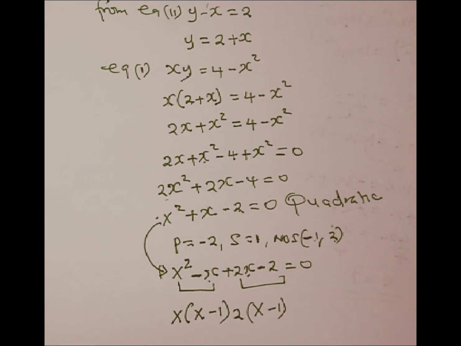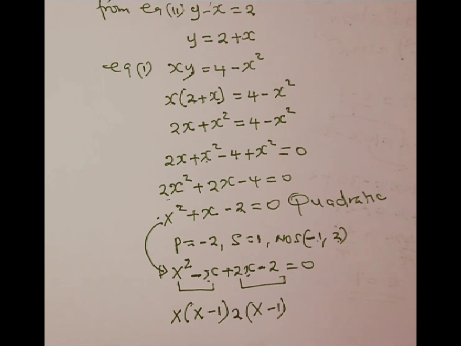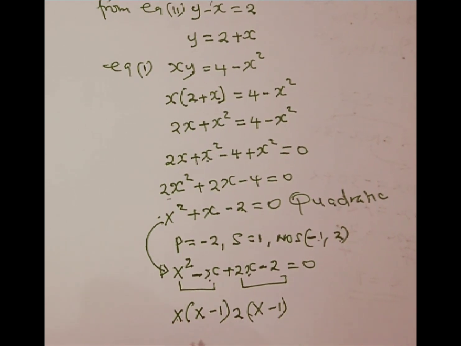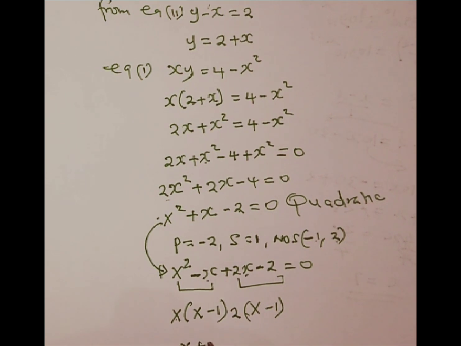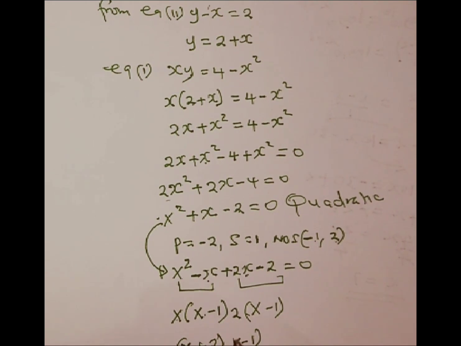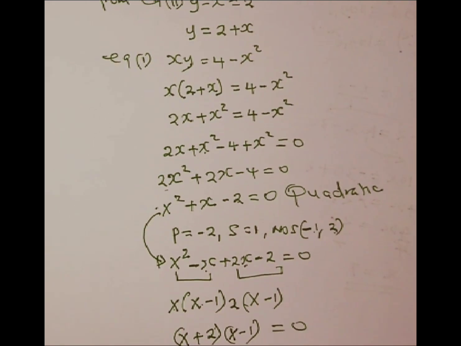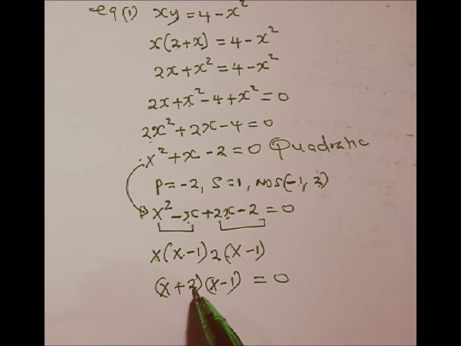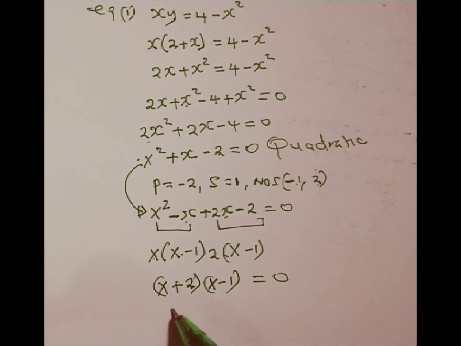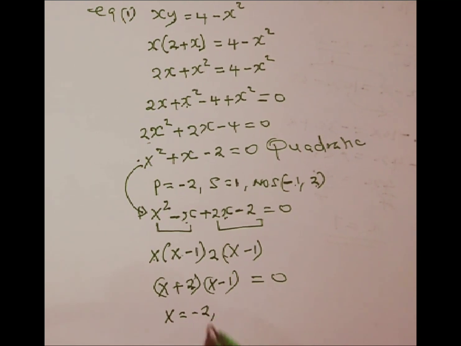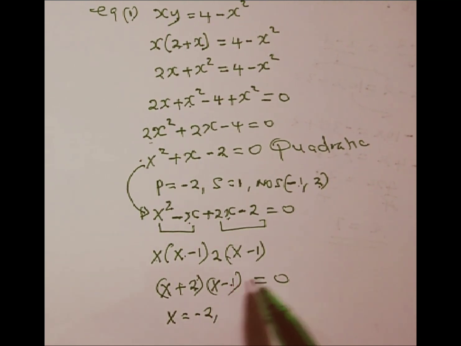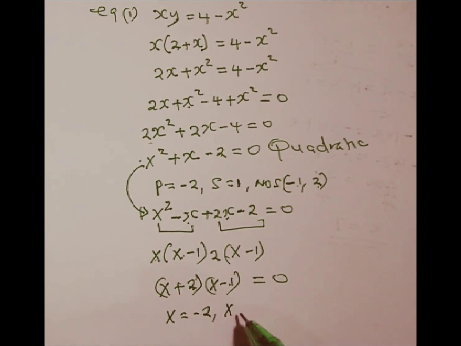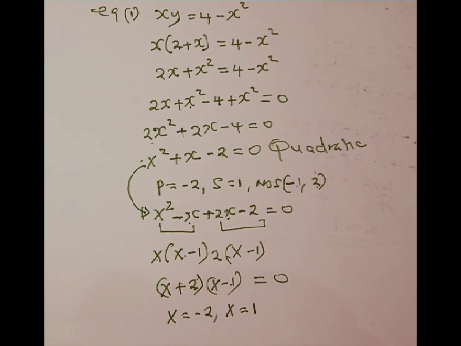And therefore, if we combine the two parts which are outside the brackets, we are going to have x plus 2. We break the brackets: x plus 2 is equal to 0, and therefore x is going to be -2, and x minus 1 is equal to 0, our value of x is going to be +1.